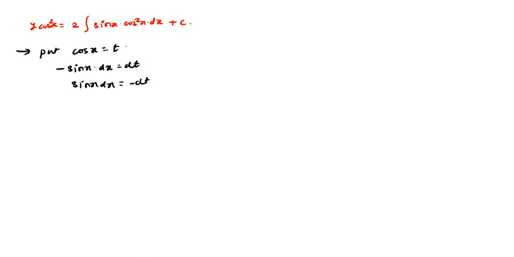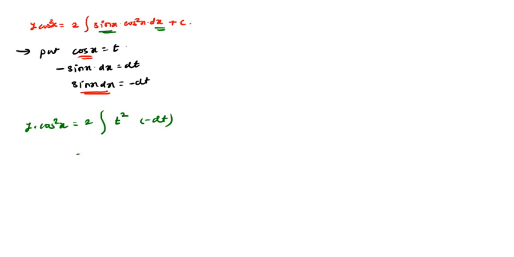So we need to put cos x equal to t and sin x dx equal to minus dt. See what we get finally: y into cos square x equals 2 times the integral. Now sin x dx is nothing but minus dt, and cos square x is cos x whole square, which is t square.